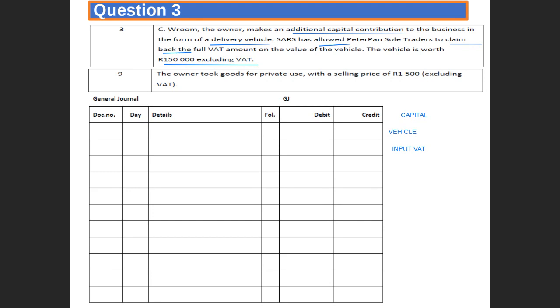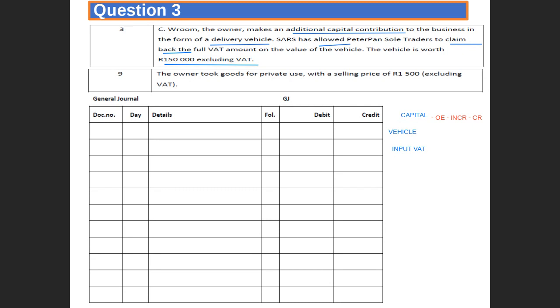And if you say increase, you must tell me under which side. I like what I see. Yes, I want this. So can you see? Perfect, guys. So capital is owner's equity, and it is increasing on the credit side.